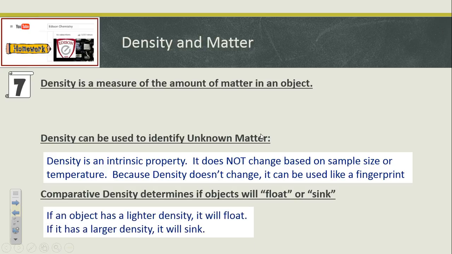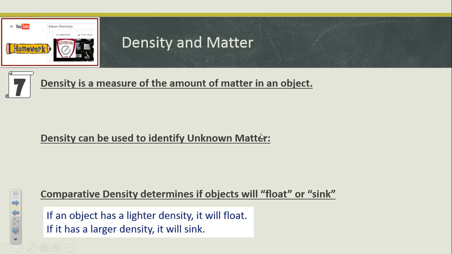Comparing the density of objects will help us determine if it's going to float or sink. If an object has a lighter density, it will typically float. If it has a larger density, it will typically sink. Now, that does not consider engineering, okay? Massive sea tankers that go from China to America are made out of steel.